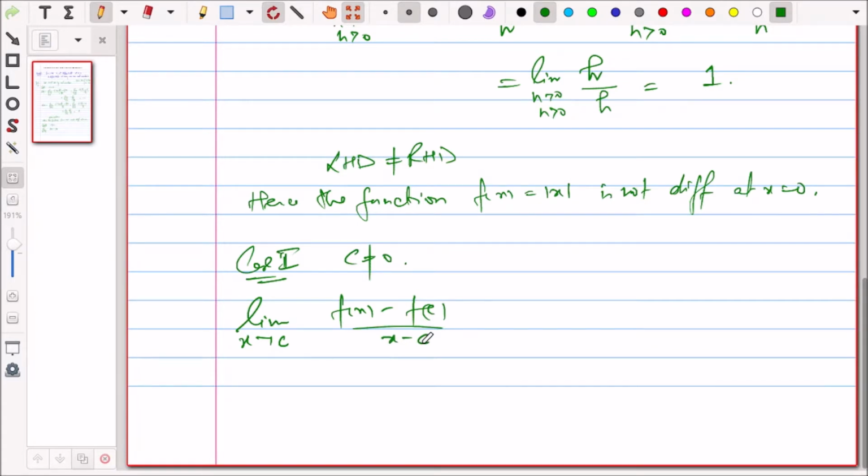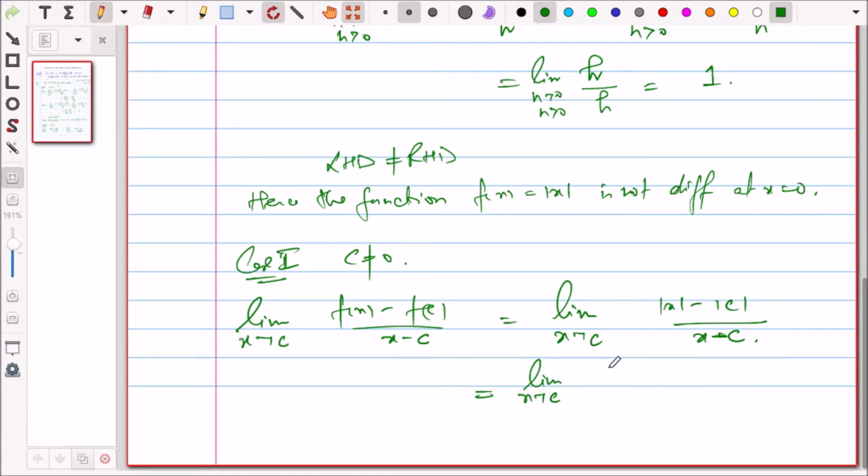So this is limit x tends to c, mod x minus mod c upon x minus c. Now if c is positive, then x is positive, because we are approaching c, so we can take x to be positive, and if c is negative, then we can take x to be negative.